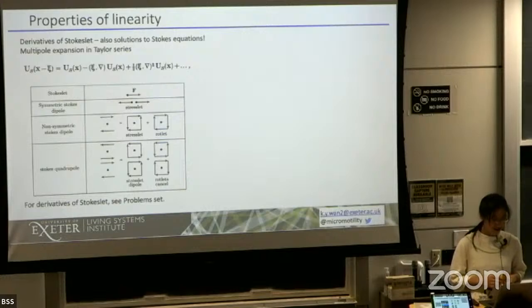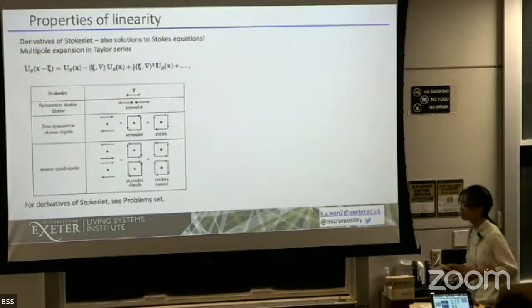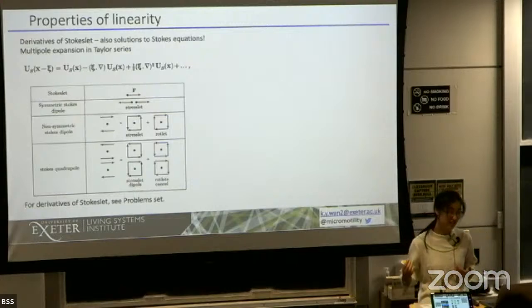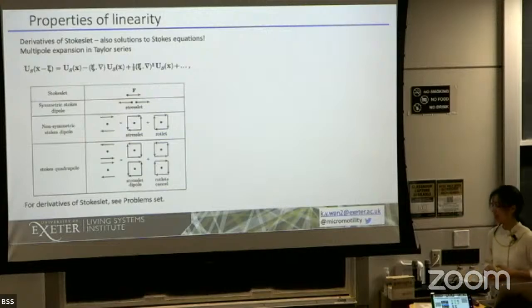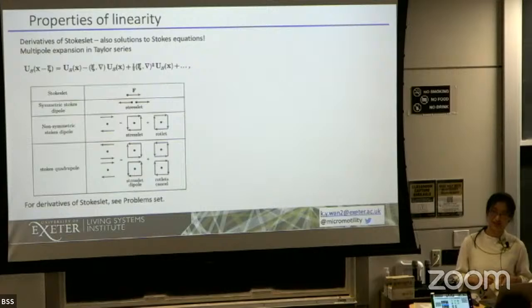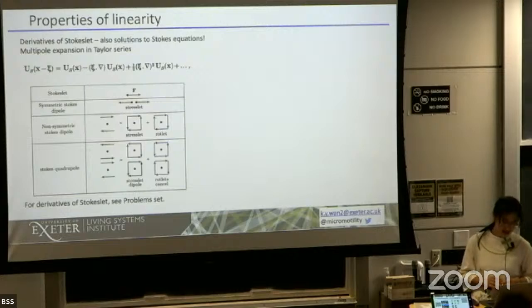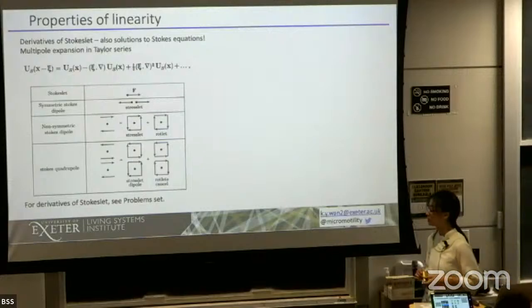And therefore, if you take the Stokeslet that we discussed yesterday and differentiate it many times, you end up with these higher order solutions, which maybe some of you are exploring in the exercises. So this table really just summarizes some of the leading order contributions.